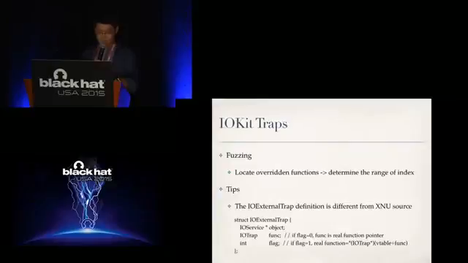But the problem is that if you find some bug and analyze it, you will find that the definition of the IOExternalTrap structure is actually different from the one in the XNU source code. There's another member at the end of the structure.